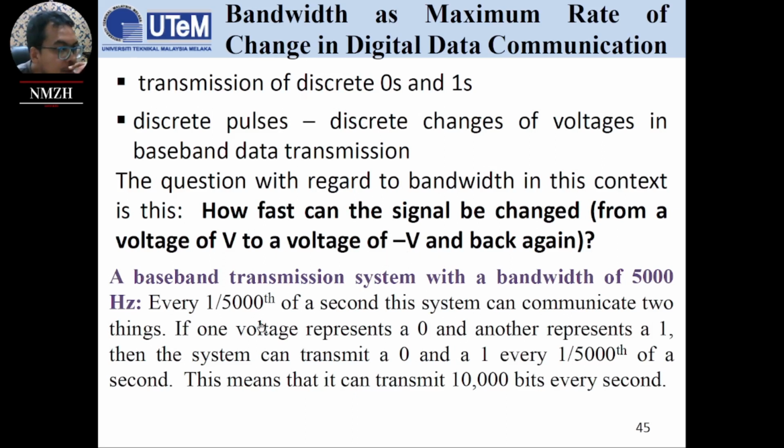So take a baseband transmission system with a bandwidth of 5,000 hertz. Hertz is 1 over t, right? So in 1 second, 1 over 5,000 of a second, the system can communicate two things. If one voltage represents 0 and another is 1, then the system can transmit 0 and 1 for every such fraction of a second. So this means that it can transmit 10,000 bits per second.